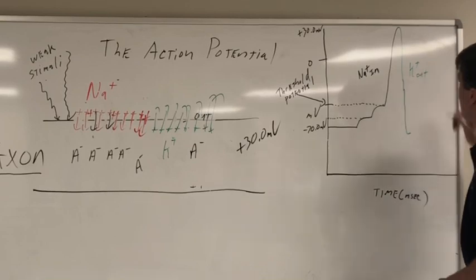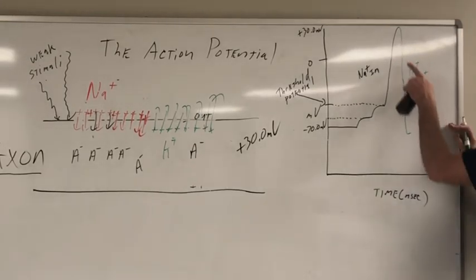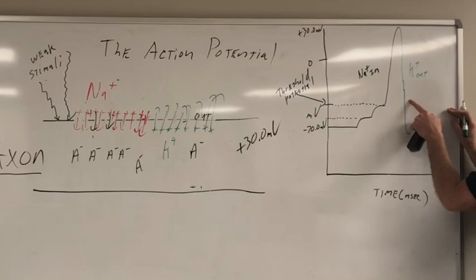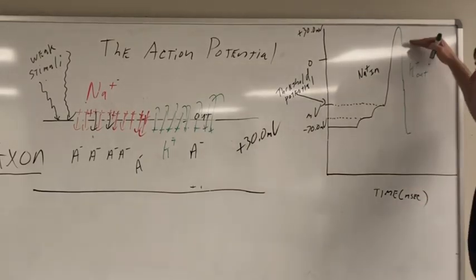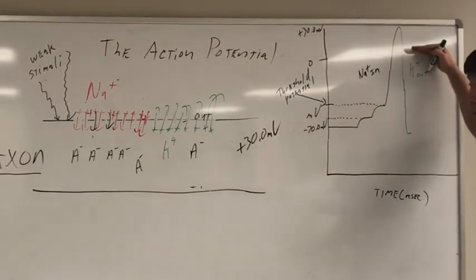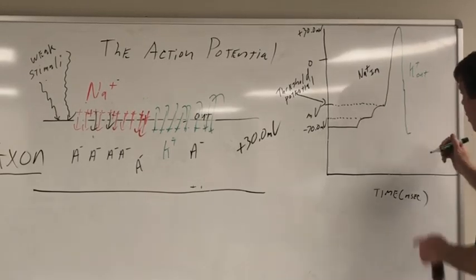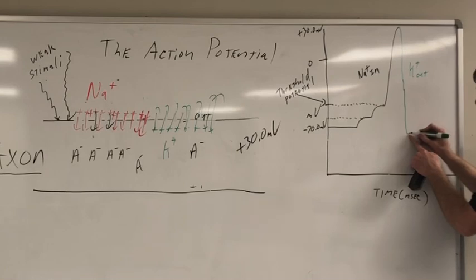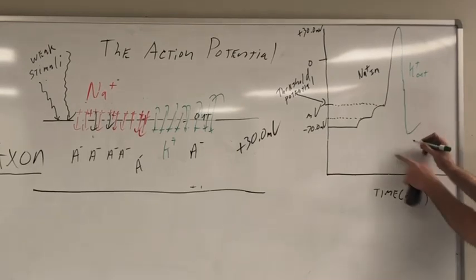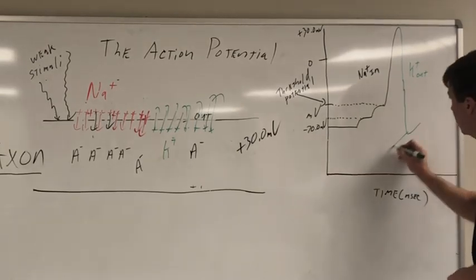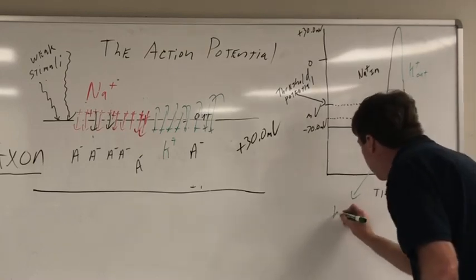So I'm going to put potassium out. Again, notice as the potassium leaves, this number goes towards 0 because you're losing positives, and then you keep losing positives, so you're going below 0. We overshoot that value here. This overshooting of the value is called hyperpolarization.